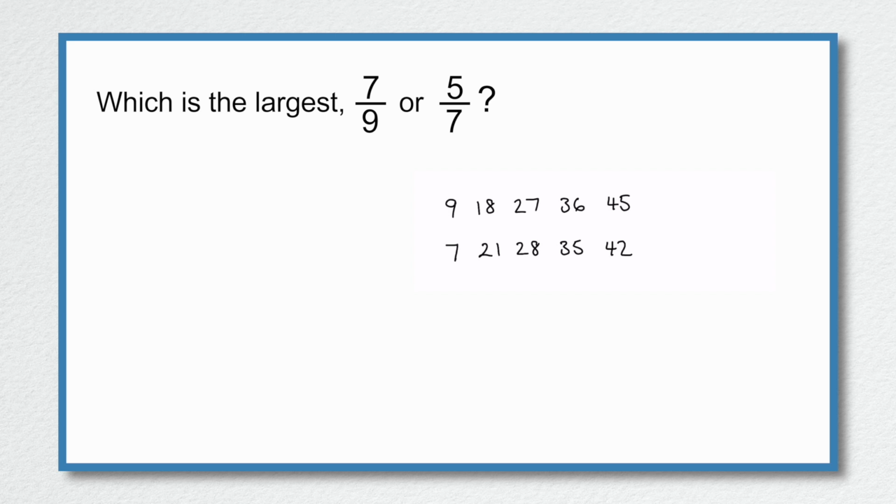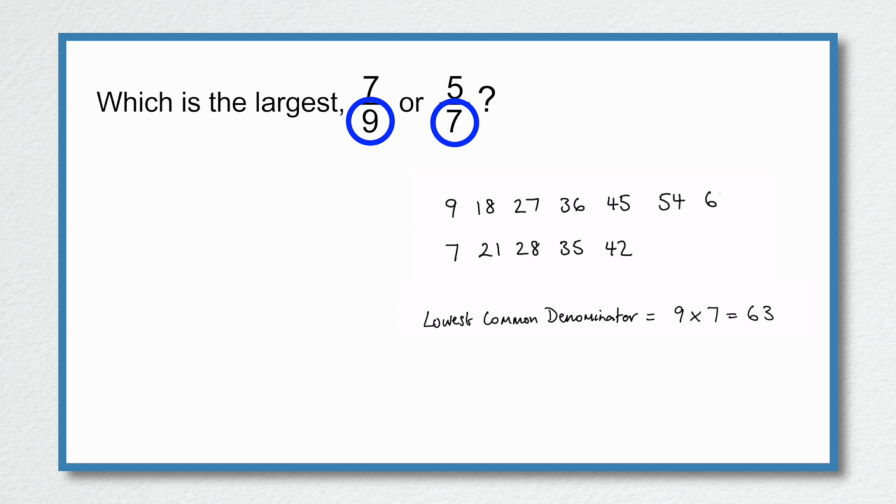But in this particular example, as with the previous example, we can find the lowest common denominator by just multiplying the two denominators together. So that's 9 multiplied by 7 is equal to 63. And if we were to continue finding the multiples of 9 and 7, we can see that the lowest common multiple, or the lowest common denominator, is 63.